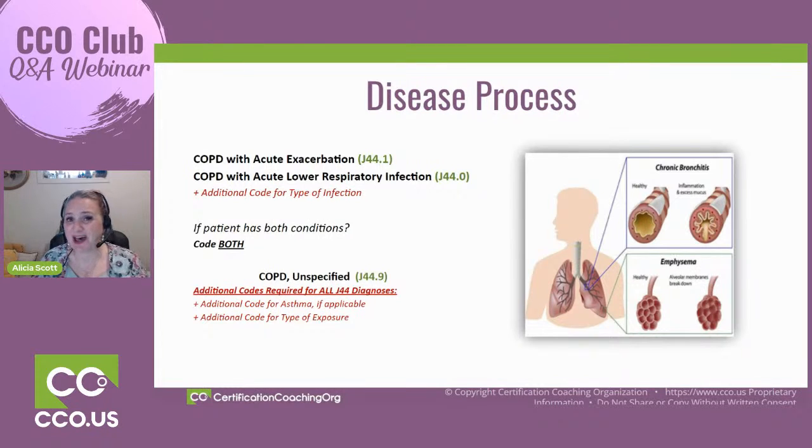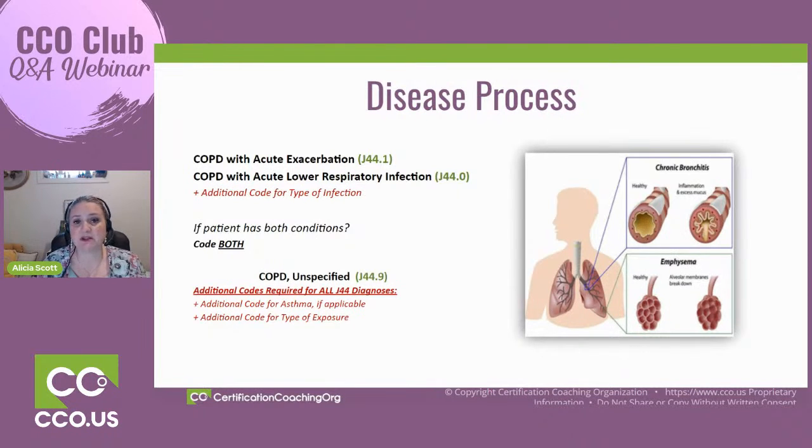There could be some other codes that are applicable. What if the person is a smoker? Then you're going to append that code. And you probably have already noticed in your manuals, when you look at anything regarding a respiratory code, it's going to have those additional codes to let you know: are they exposed to nicotine or smoke of some kind, or are they a smoker, or is there a history of nicotine dependence, etc. So that's a given.